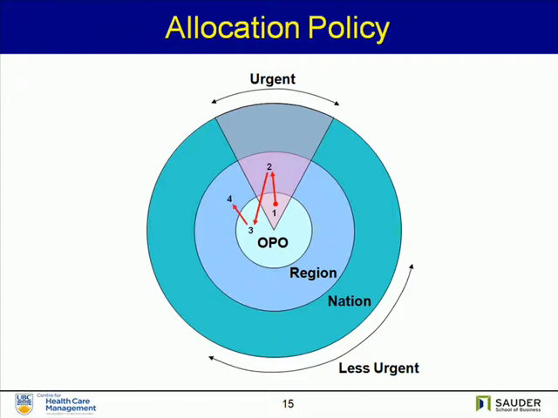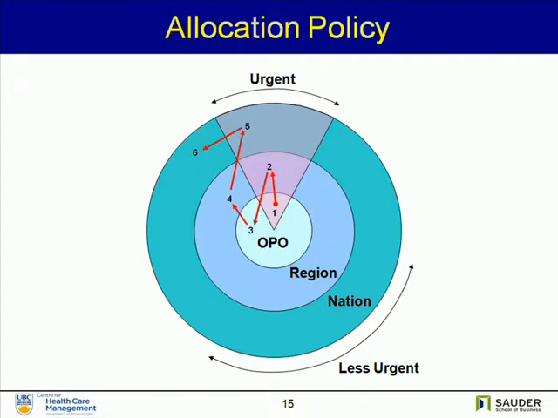If there's no match there, then they go back to the region level, looking at the less urgent status patients. Finally, if there's still no match, then they'll offer it to anybody in some outside region elsewhere in the US. At this point, the organ could travel conceivably anywhere in the US, whereas before it was constrained to local geographic areas. Then they go to the most urgent here, and finally they'll offer it to anybody in the US.